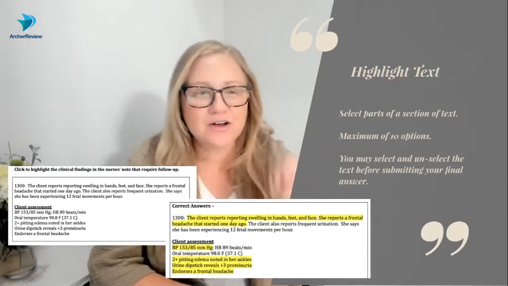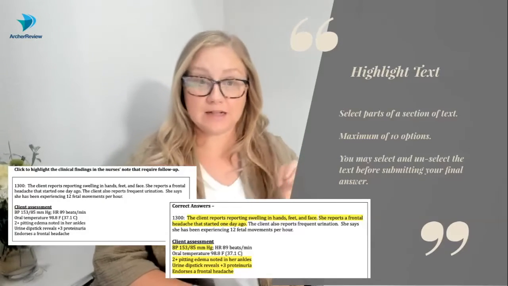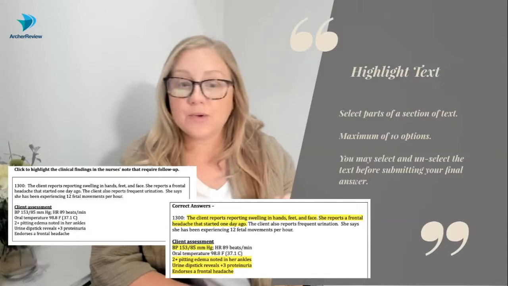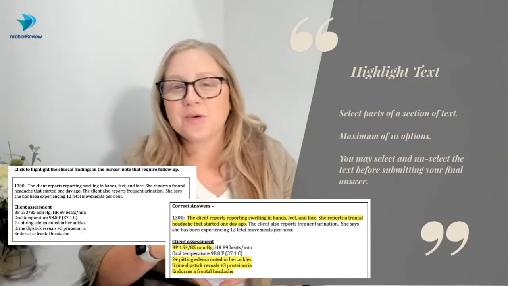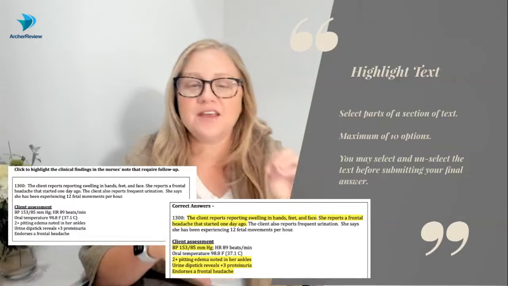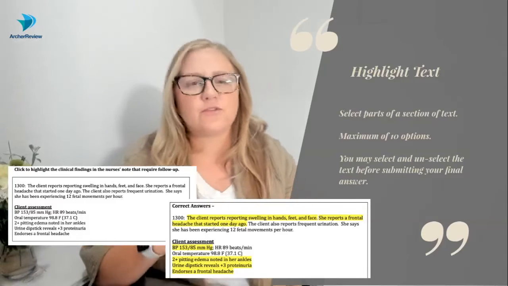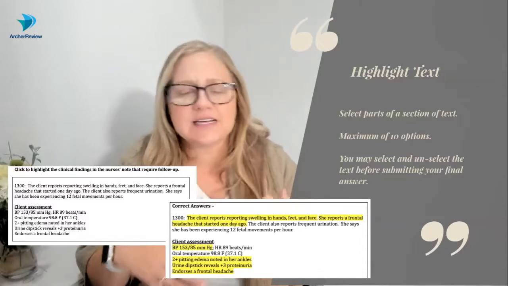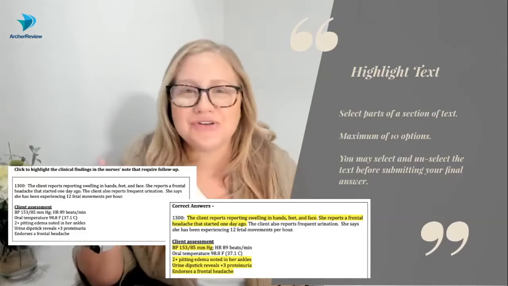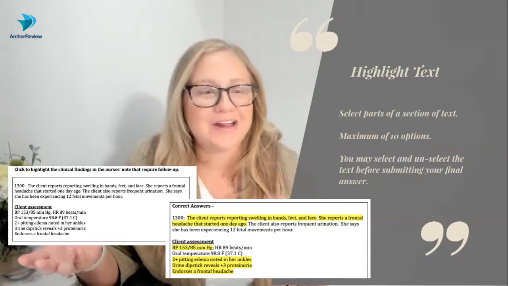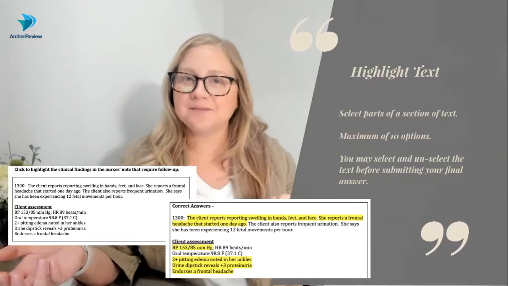You can click on certain phrases from that text. And you're going to have to read the stem of the question and click on the appropriate parts. For example, what assessment findings from this nursing note require follow-up? And you'll click on the text.